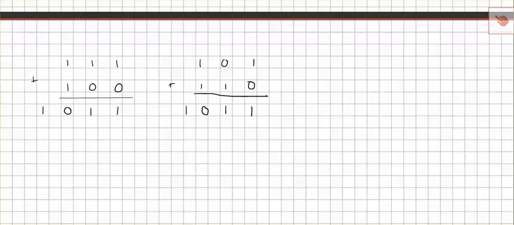Is that not possible in base 10? What if in base 10, I did 4 add 7, or 2 add 9. What do you get? 11 for both.